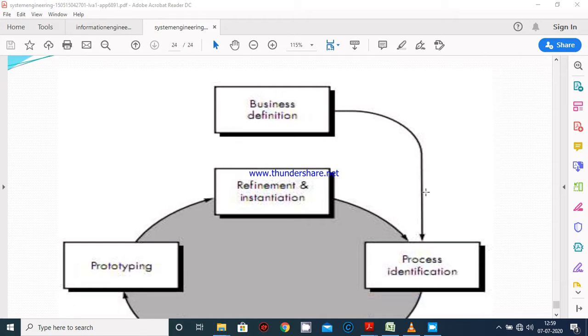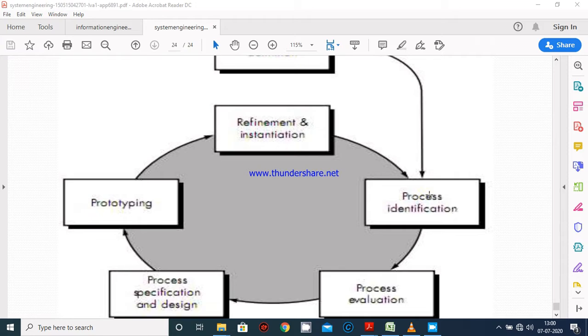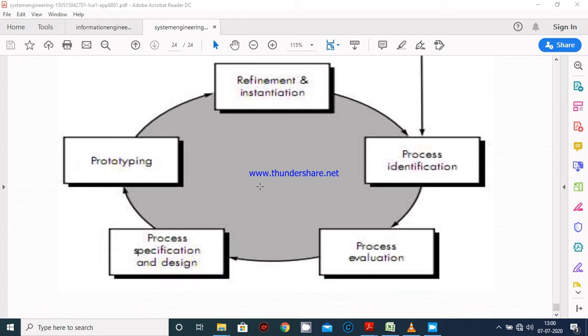Next is process identification, then process evaluation is performed. After performing process evaluation, engineers process the specification and design, then prototype build, and then the refinement and instantiation should be there for the requirement of the customer.